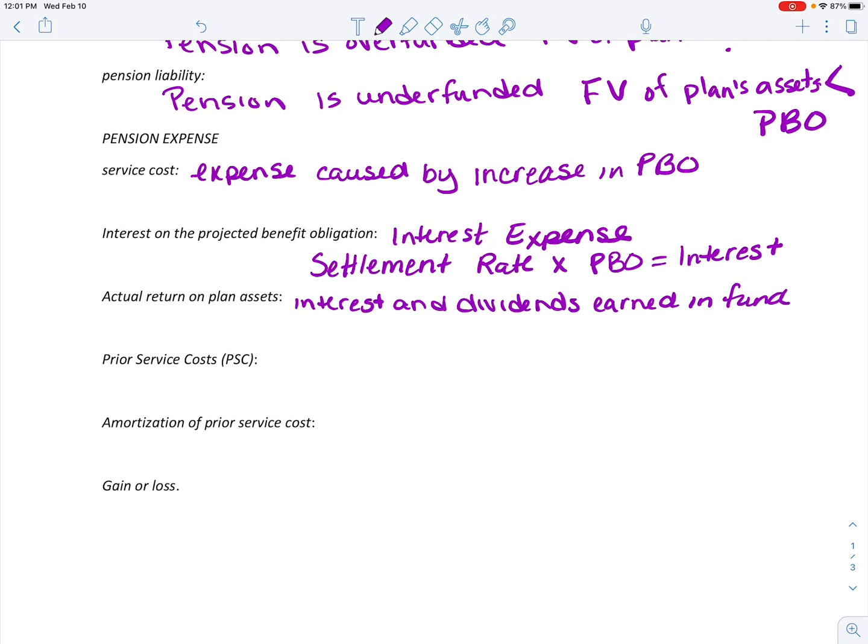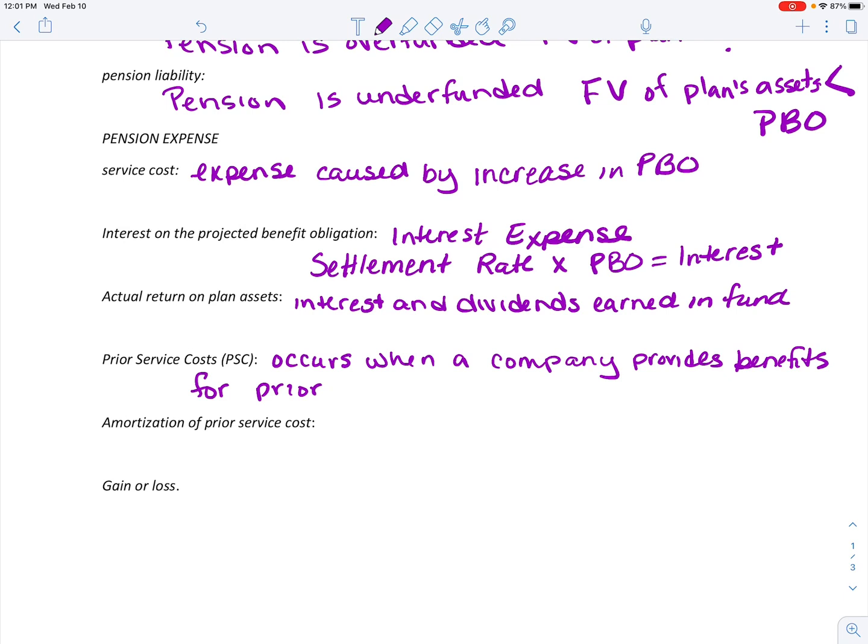So again, prior service costs, this occurs when a company provides benefits for prior service due to an amendment in the plan.